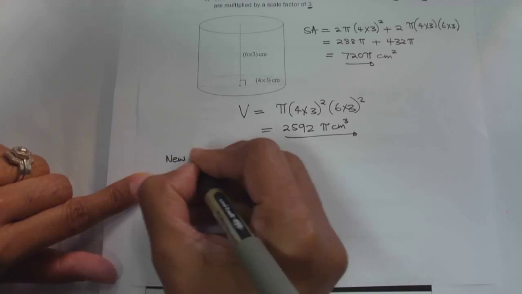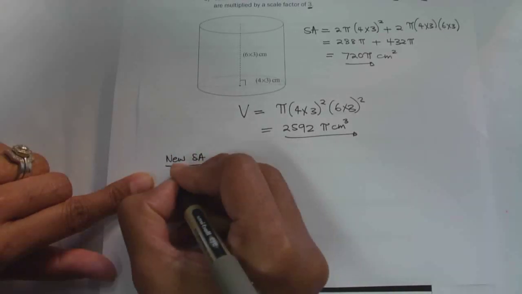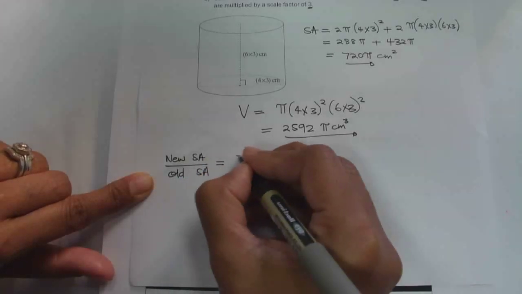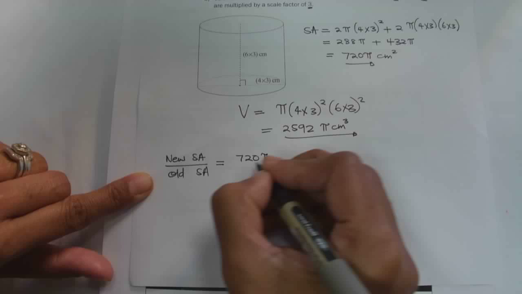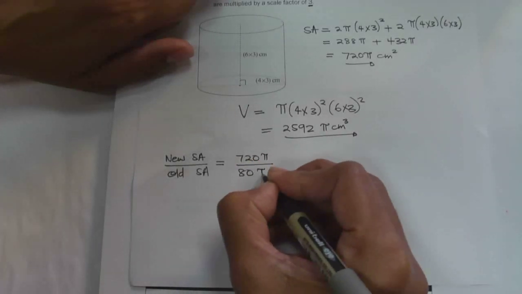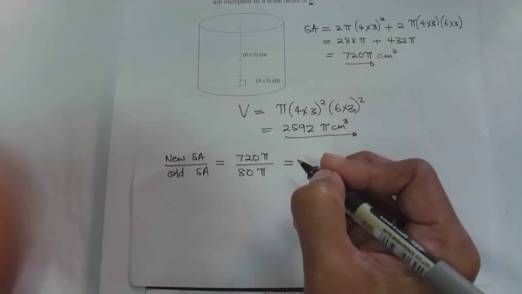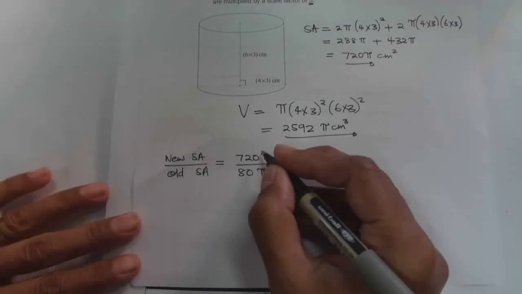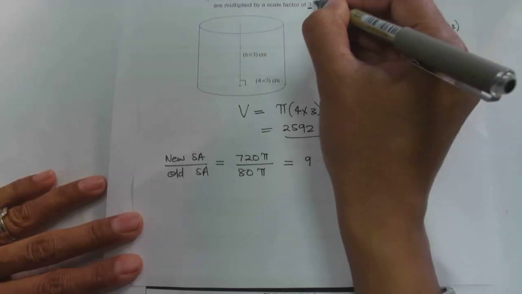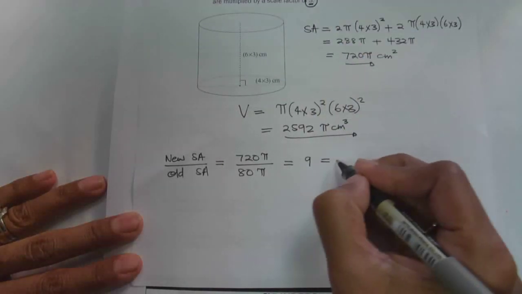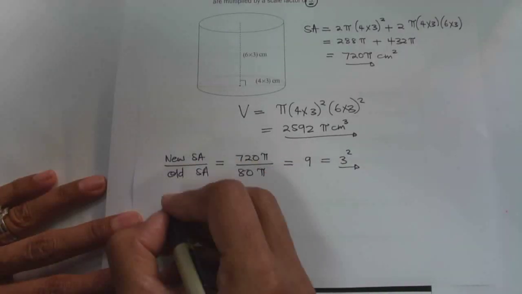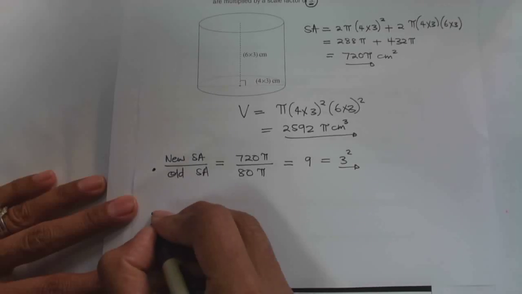New surface area divided by old surface area. So your new surface area is 720 pi divided by your old surface area, which is 80 pi. And that gives you 9. Now remember, our scale factor is 3, so let's represent 9 as base 3. Let's do the same for the volume.